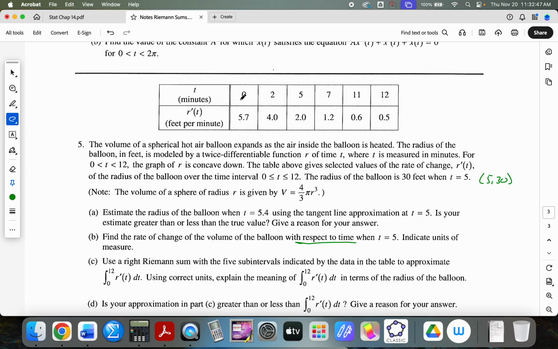So with the 5 subintervals, our right Riemann sum tells us that whatever this thing is is approximately equal to, so I'm using subintervals as given in the table, and I'm using the right side every time.